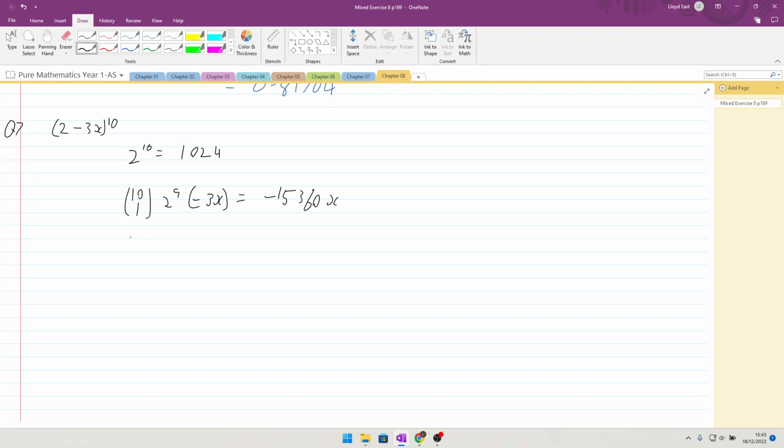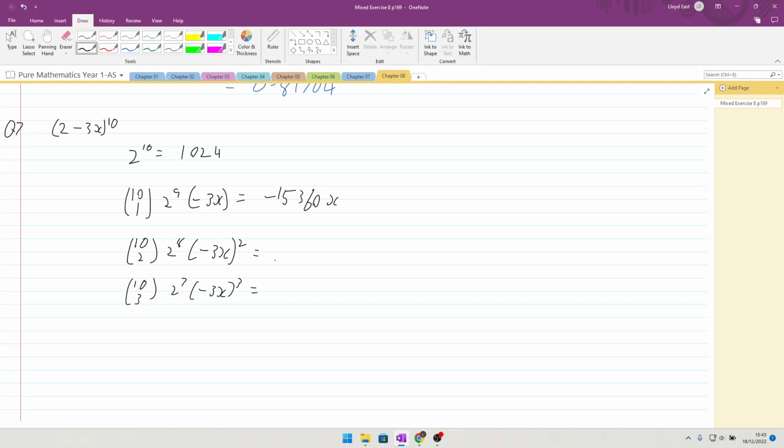x. Next one is going to be 10C2, 2 to the power 8, minus 3x squared, and then 10C3, 2 to the 7, minus 3x cubed.